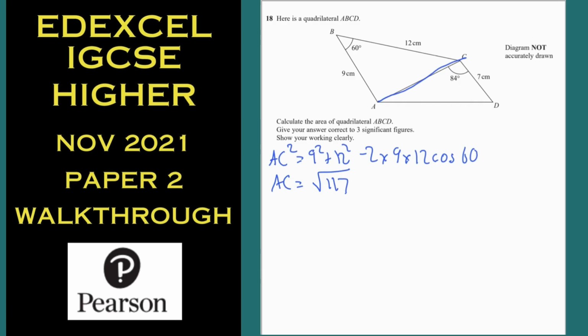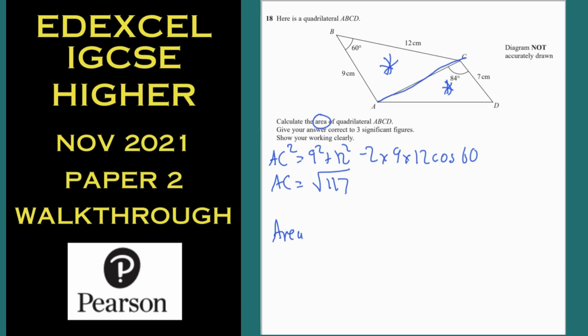Now it turns out, my little speech at the beginning, it's not actually one of each. It's sine rule or cosine rule, or area of a triangle is a half AB sine C. So we need to do area of a triangle twice, because the area of the quadrilateral will be a half AB sine C on that, and a half AB sine C on that, which we can now use because that side there and the 7 are the two sides either side of 84.